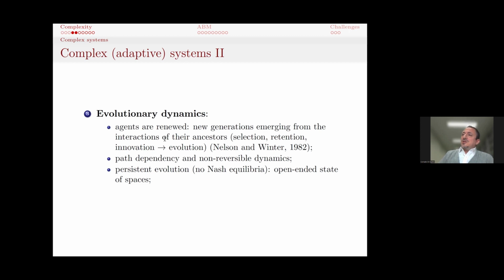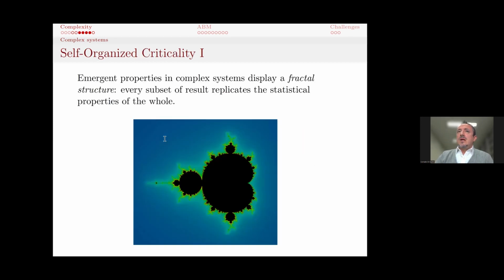So we don't have Nash equilibria, or again, Nash equilibria can be a particular outcome, but we have what we can define as an open-ended state space. So the state space cannot be limited, so we have infinite possible outcomes, and there's not a point in which the system stops evolving, unless in very particular cases.